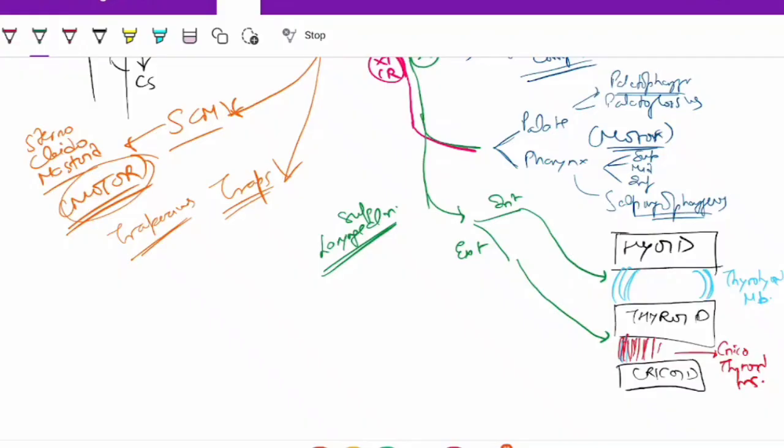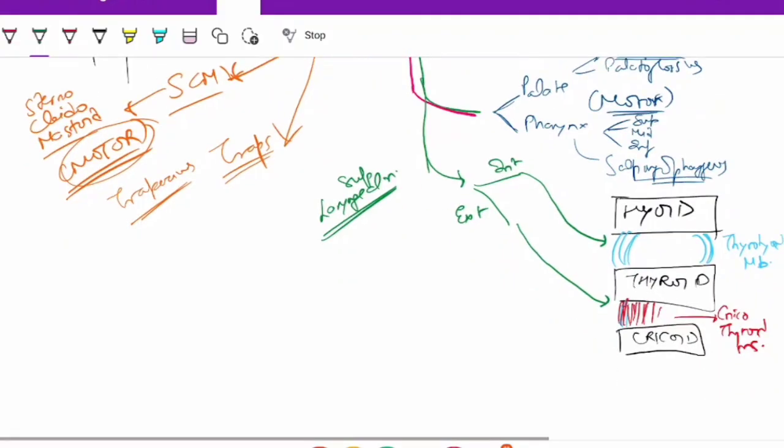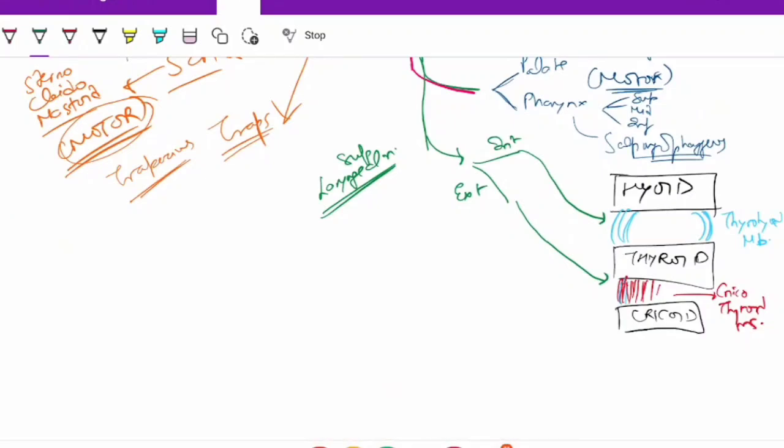Internal laryngeal supplies a structure present between the hyoid bone and thyroid cartilage, known as the thyrohyoid membrane. Then external laryngeal goes even further inferior and supplies a structure present between thyroid and cricoid cartilage, which is a muscle known as the cricothyroid muscle, a very important question also.